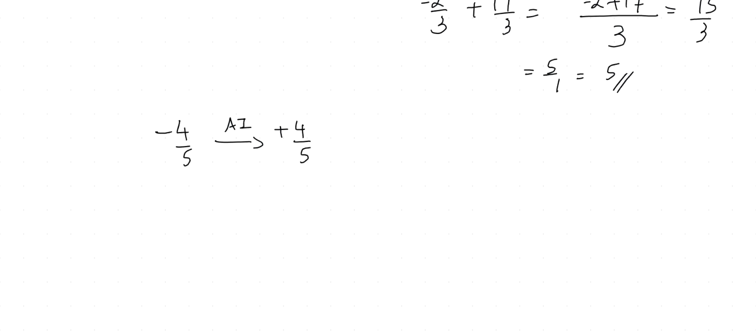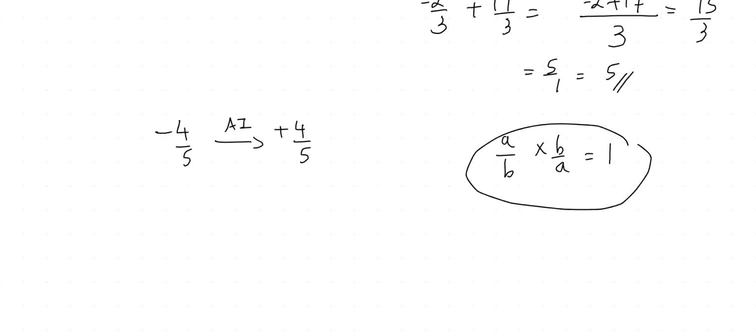A by B, reciprocal of A by B is B by A. I'm going to get 1. The same way, when I add any number with its additive inverse, I'm going to get 0. That you need to know. So any number added to the additive inverse will give me 0. The sum of a rational number and the additive inverse is 0. The product of a rational number and its reciprocal is 1.